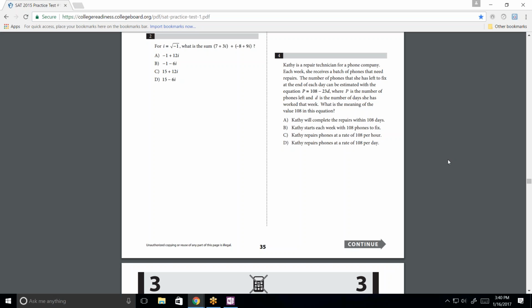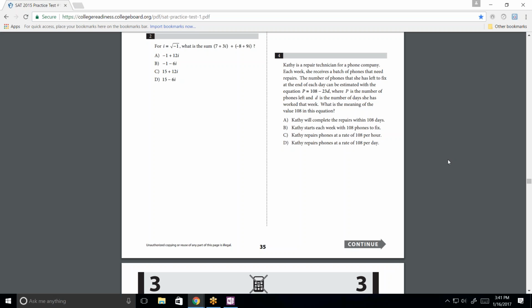So add the real parts, add the imaginary parts. What do you get? It's D. Oh no, what am I talking about? It's B. Look at it again.